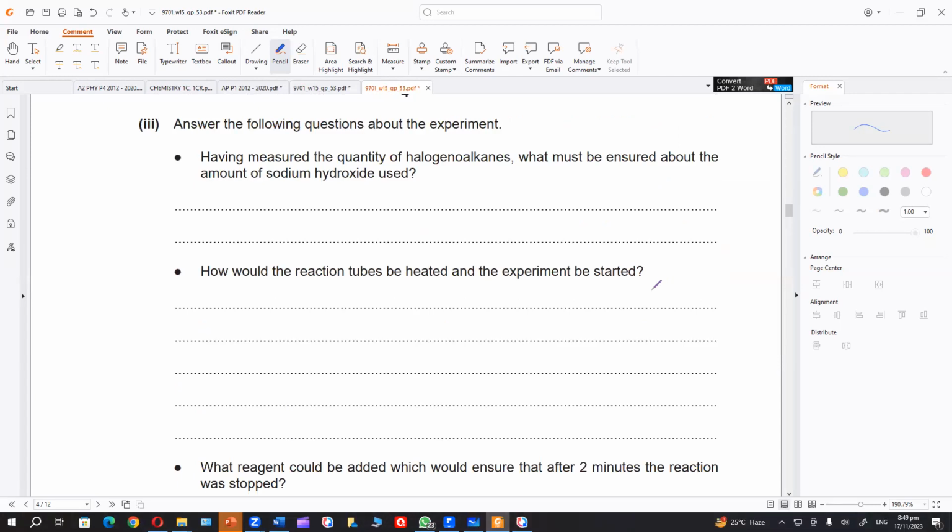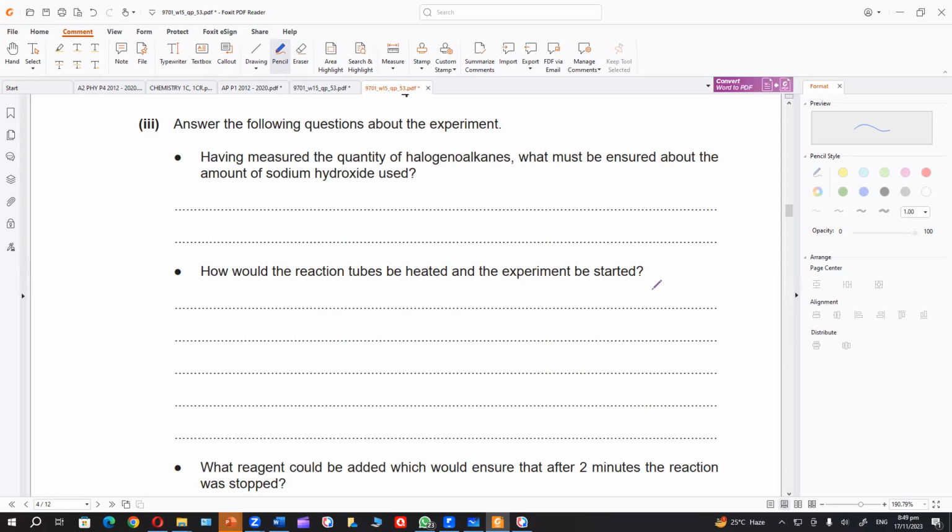Answer the following questions about the experiment. Having measured the quantity of halogenoalkanes, what must be ensured about the amount of sodium hydroxide used? So we are measuring the halogenoalkanes. We are taking their number of moles. Now, what does this actually mean? He means to say, what you want to make sure about the sodium hydroxide used.